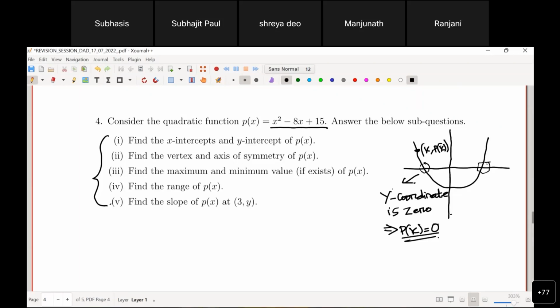So the y coordinate is 0 means p of x is 0.